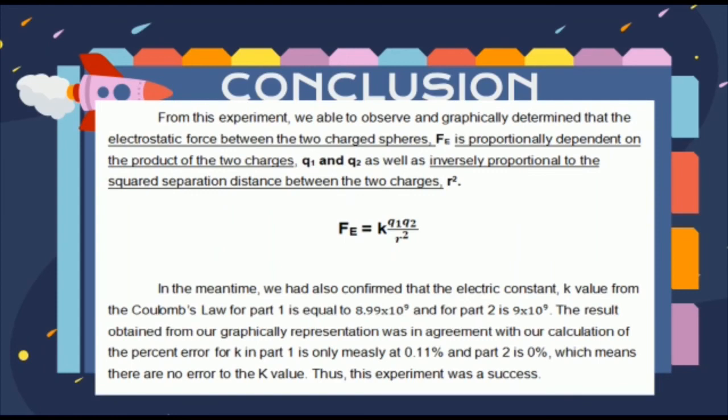For K in part 1 it is only off by 0.11%, and part 2 is 0%, which means there is no error in the K value. Thus, I can overall say that this experiment was a big success.